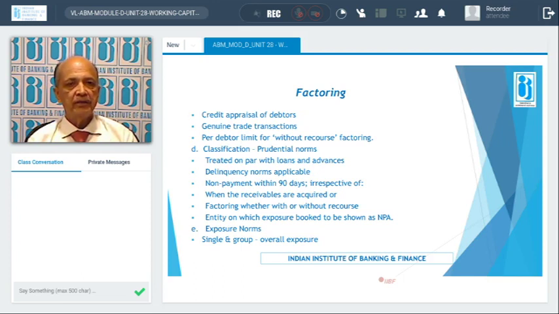And here again, we take the risk factor. Here we have seen that it can be with recourse, without recourse, or limited recourse also.